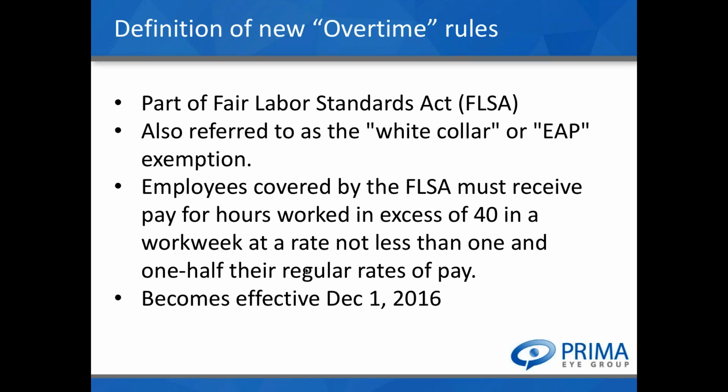Even if you pay them biweekly, let's say they work 38 hours one week and 42 the next week. You can't average that out to 40. You would still be obligated to pay them overtime for the week that they worked 42 hours. And this new rule will become effective December 1st of this year.